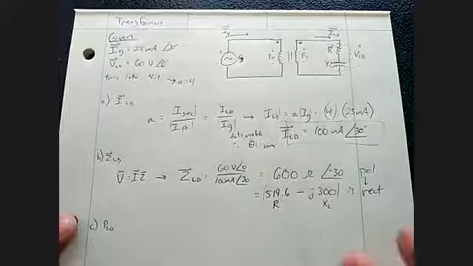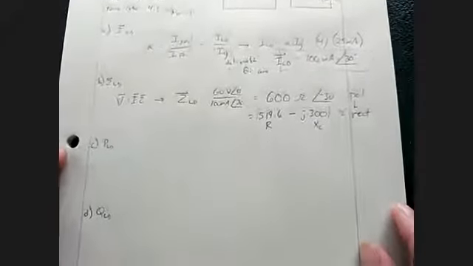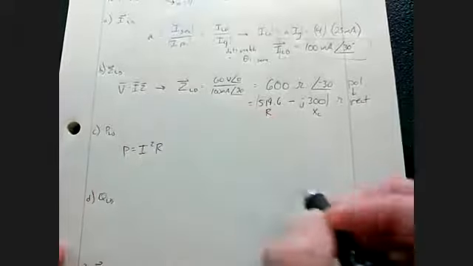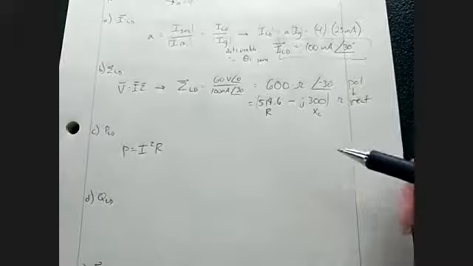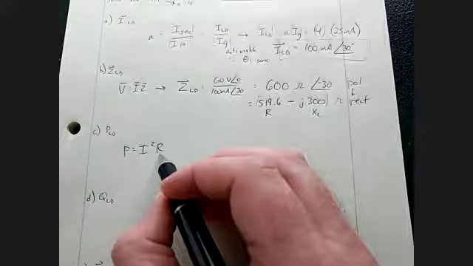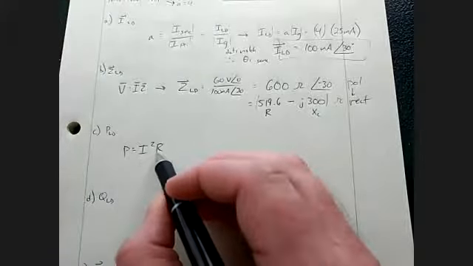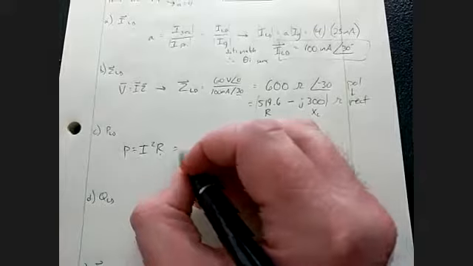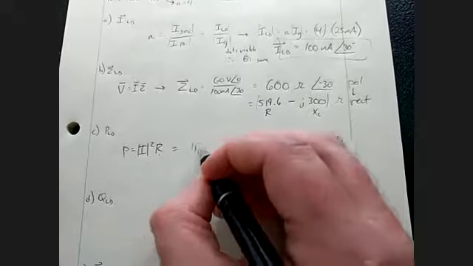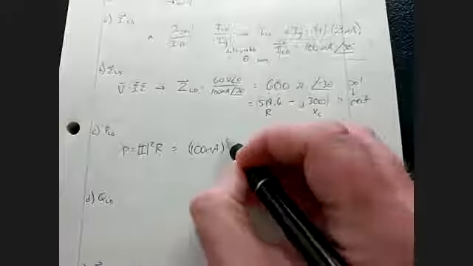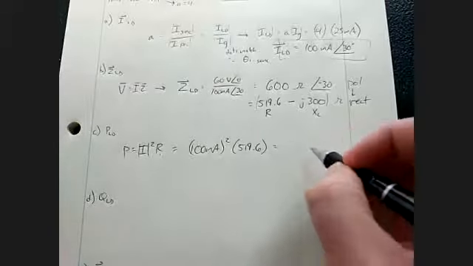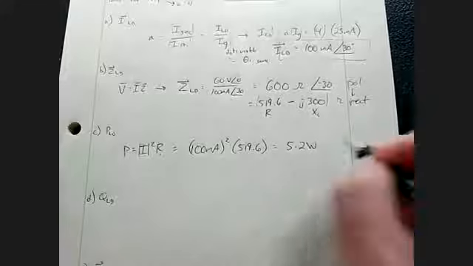So I can split those up, and now whenever I'm solving for the powers, I can use P equals I squared R. You wouldn't want to use V squared over R because the V that I have isn't the V across just the resistor. I have the V across everything. But the I going through the resistor is the same as the I load. So in this case, it's the magnitude of I. I can take 100 milliamps squared times 519.6, because I'm just taking the R component, and I get 5.2 watts.